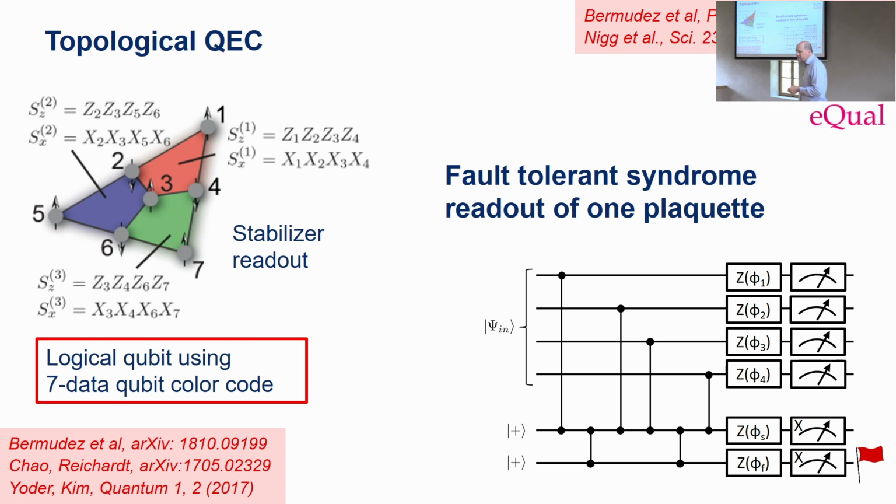qubit can also make mistakes. Say something bad happens to this qubit here, which can happen. It's only a qubit, actually, that we use for readout of the syndrome. So it's as faulty as the other ones. So you should really be sure that you don't listen to this qubit when it made a mistake. It's really bad, because then the error feeds back into the data, and then it becomes uncorrectable by this distance 1 code.